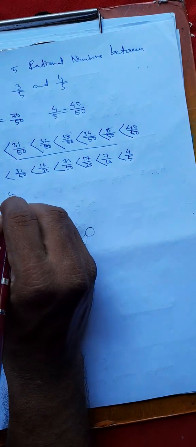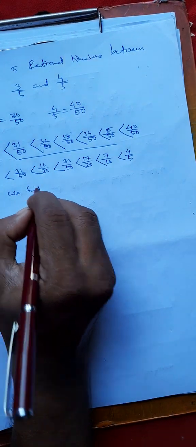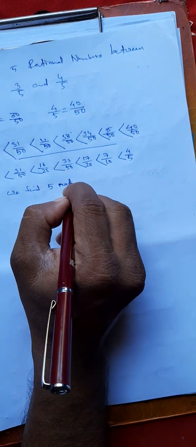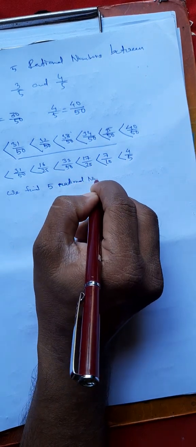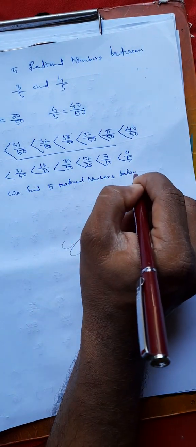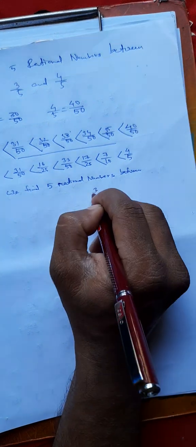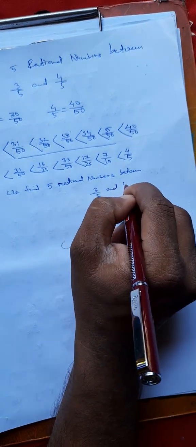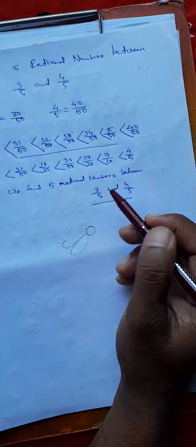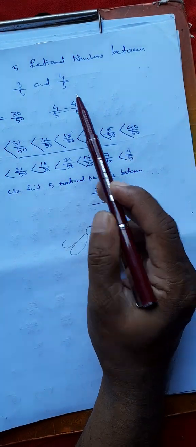So we found 5 rational numbers between 3 by 5 and 4 by 5, right? This is how we can find rational numbers in between given rational numbers.